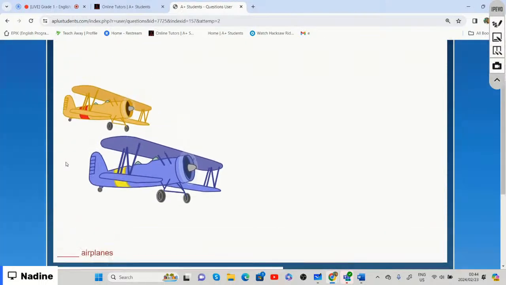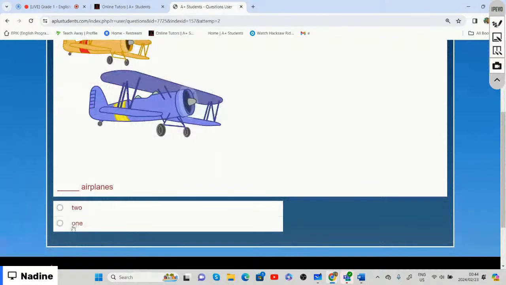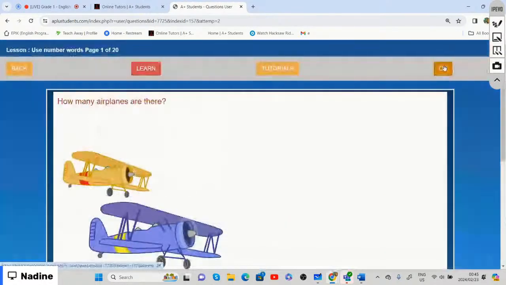Do we see two or do we see one? All right. If we were to identify how many airplanes there are, we would say there's two airplanes. For example, saying, I see two airplanes, which means that the word two is an adjective that tells us how many airplanes there are. So two is correct. Well done.